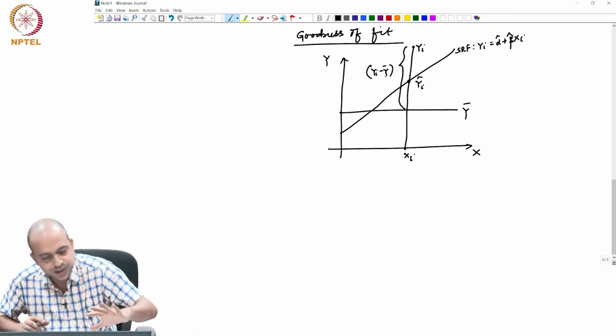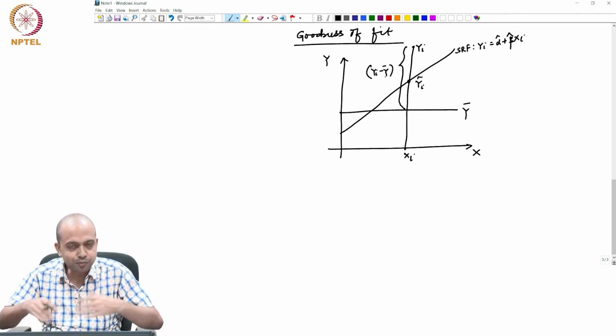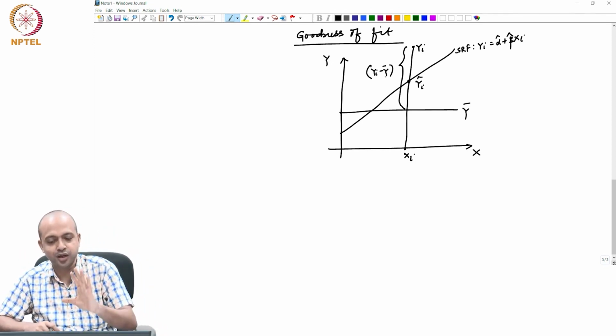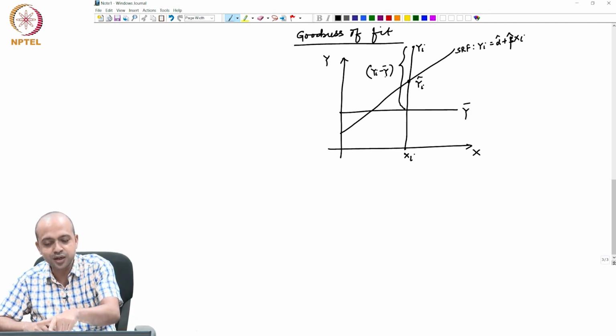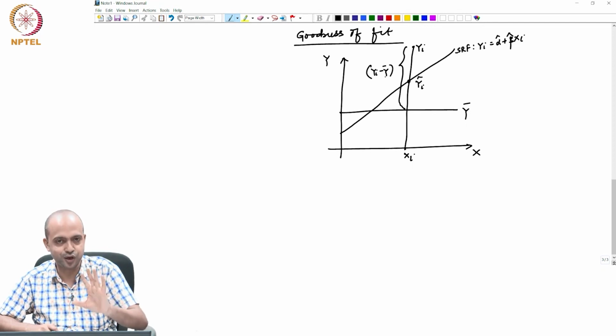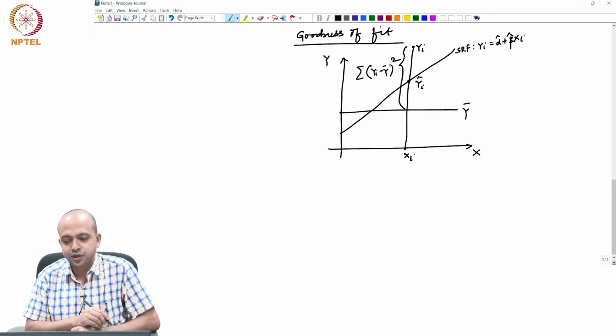Now, if you recall what I said sometime back, the entire purpose of econometric analysis is to explain the variation in y. And what is the variation in y? That is yi minus y bar, around its mean value. If you take summation and square it up, then it is known as total sum of square.